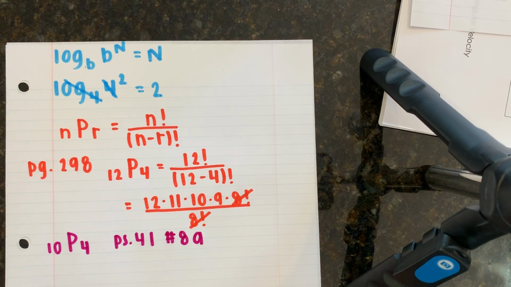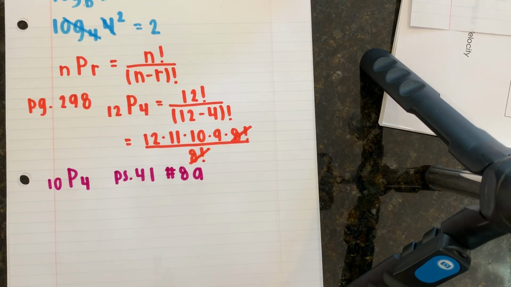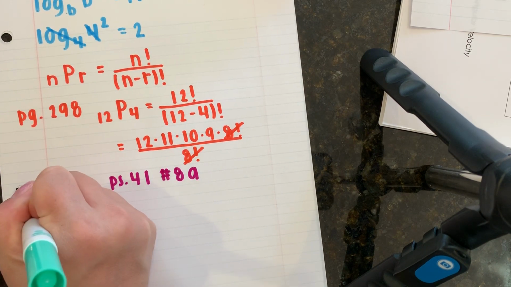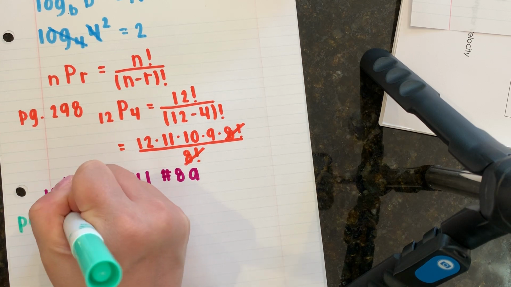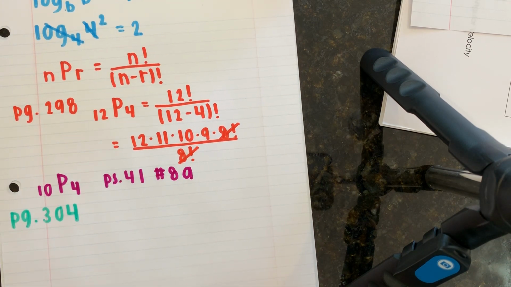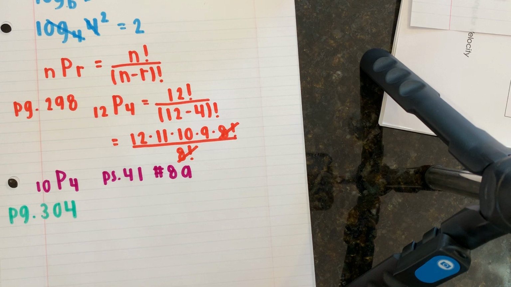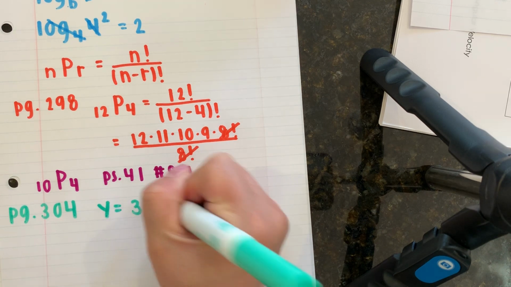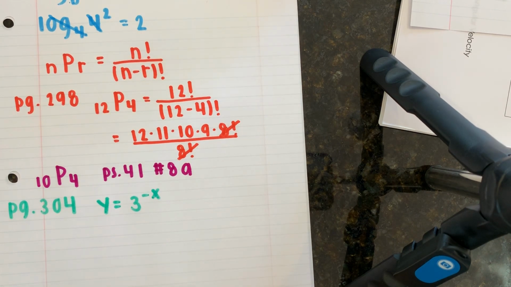Now we're going to move on and look at problem set 42. And the topic that I want to look at from lesson 42 is going to be the constants in exponential functions. So I'm looking at page 304, and I'm going to graph y is equal to 3 to the power of negative x.